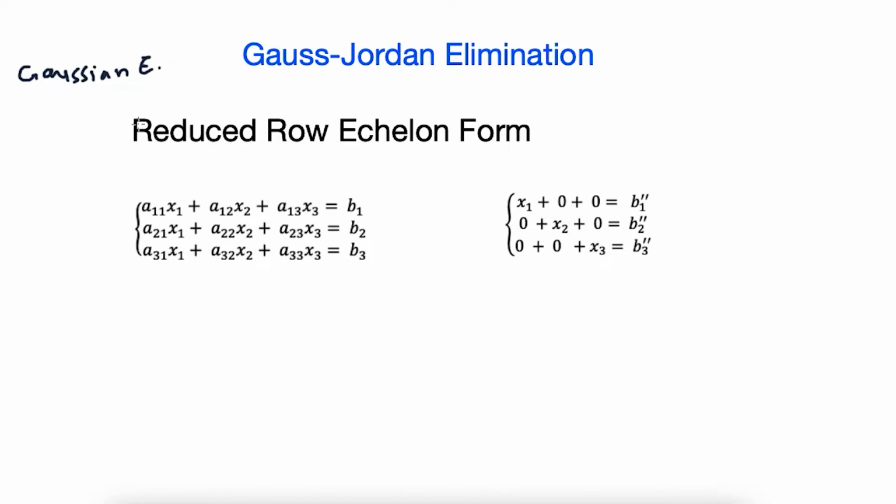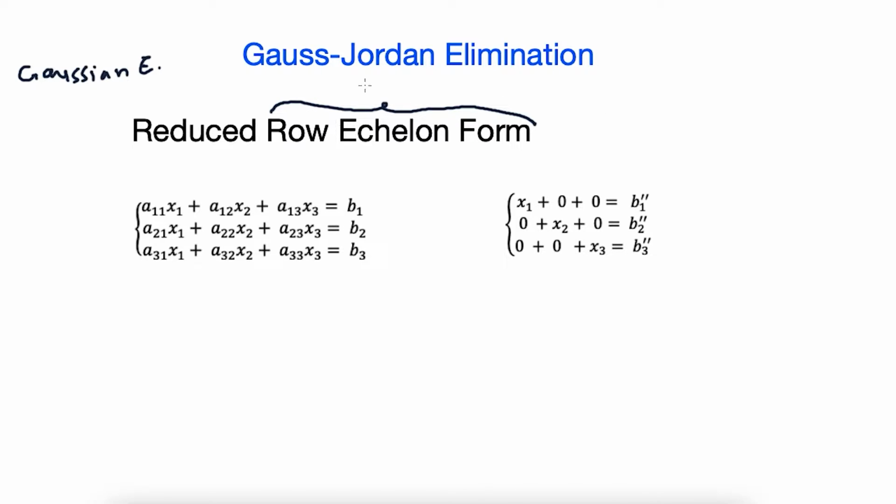For the Gaussian elimination method we try to get the row echelon form of the matrix A. In this method we try to get the reduced row echelon form. So the reduced row echelon form is a matrix, for example in the case of a 3 by 3 matrix or any square matrix, that is a diagonal matrix.